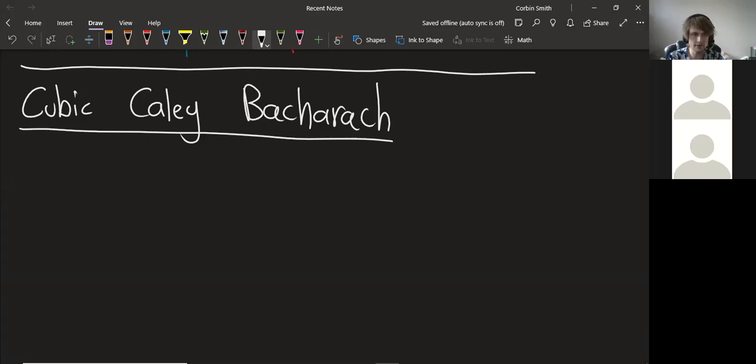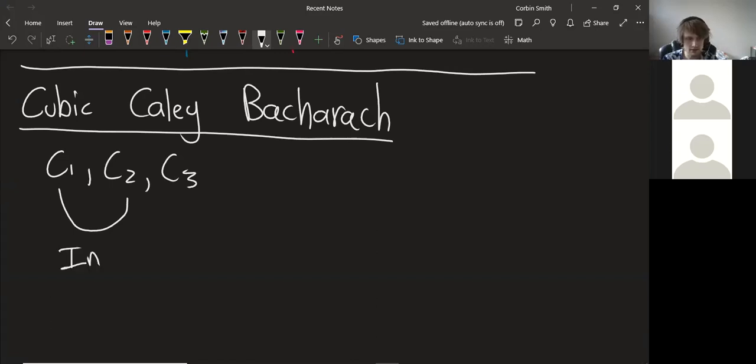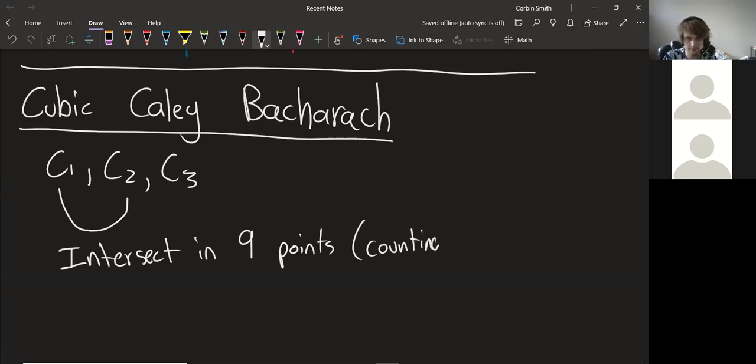So let's say we have three cubic curves, C1, C2, C3. If we take two of them, they intersect in 9 points, counting multiplicity. Let's call these points P1 through P9.